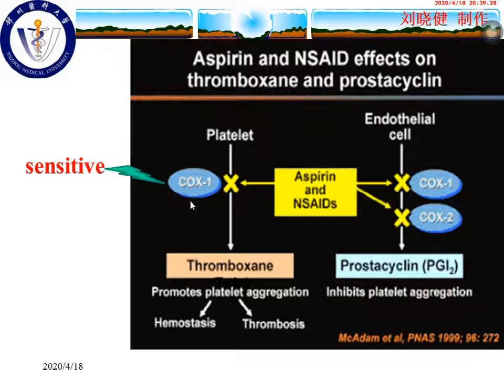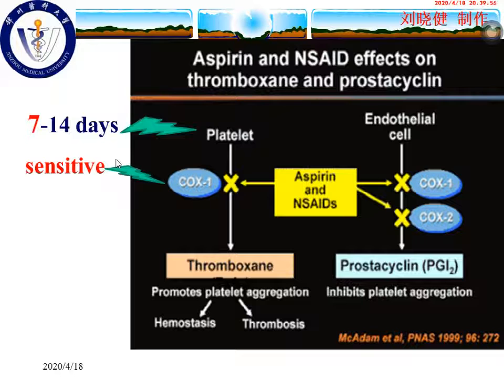Chronic use of low-dose aspirin allows for continued inhibition as new platelets are generated, because the lifespan of platelets is about 7 to 14 days. So here, I think you can understand.